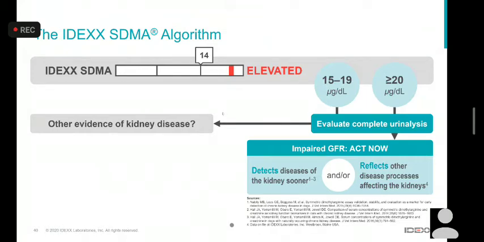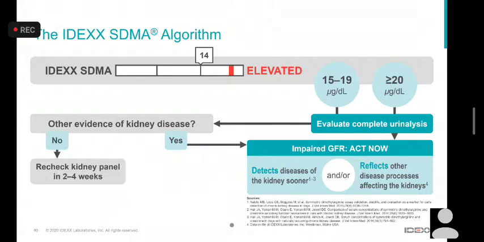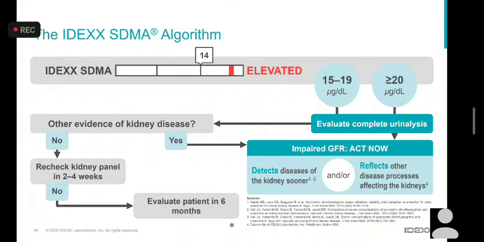If it's in the gray zone, is there other evidence of kidney disease? If there's not, then you may recheck it. Here the recommendation is 2 to 4 weeks. You need to do as you see fit, and as the owner wants to do as well. And if it's still normal, then evaluate it again in 6 months. And if it remains normal, well, then it was just one of the transient ones.